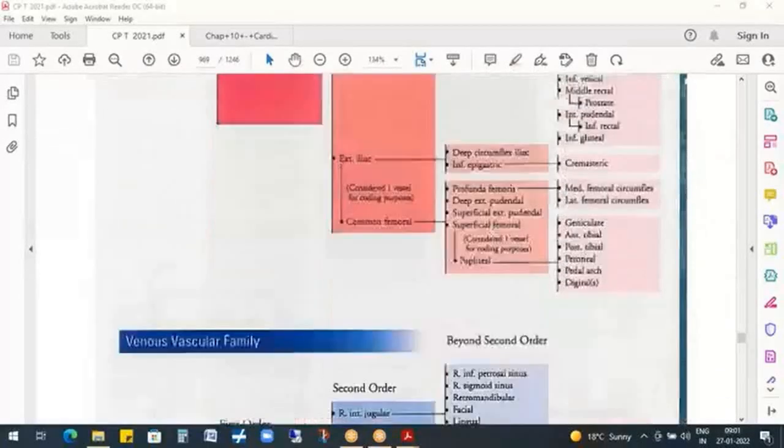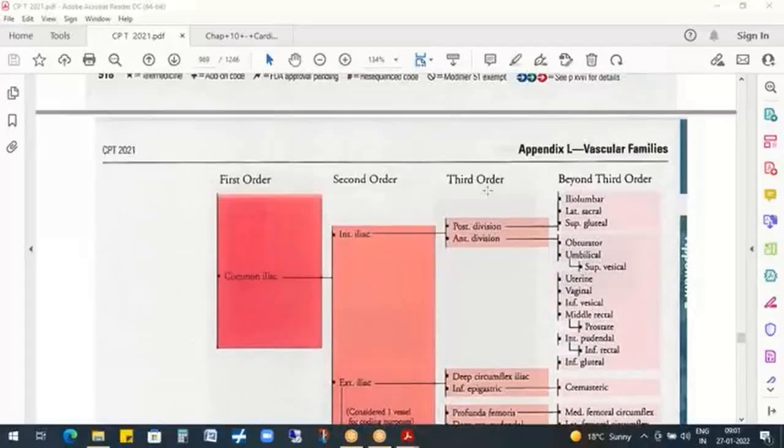Now I will ask a question. Who will answer? Susmita, can you answer? The catheter is in iliolumbar. You can see the common iliac portion, common iliac first order. The catheter is in iliolumbar. What are the codes? Where is it?